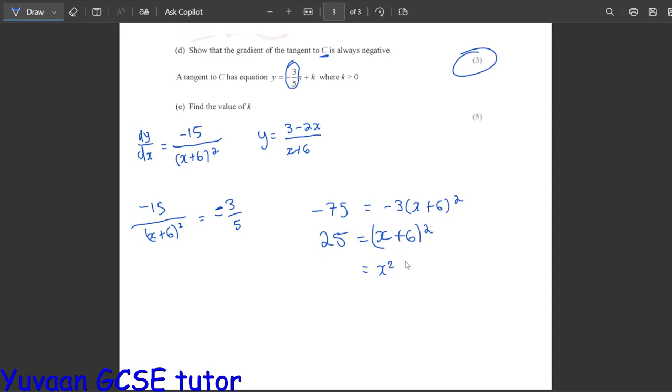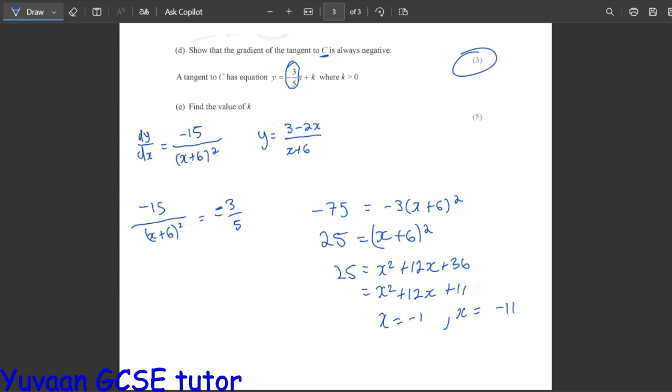If we expand out the brackets, you get x squared plus 12x plus 36 is 25. Then you get x squared plus 12x plus 11 equals 0. If we substitute this into a calculator, which I recommend you get the Casio FX991EX, which can solve polynomials, you'll get x equals minus 1, x equals minus 11.